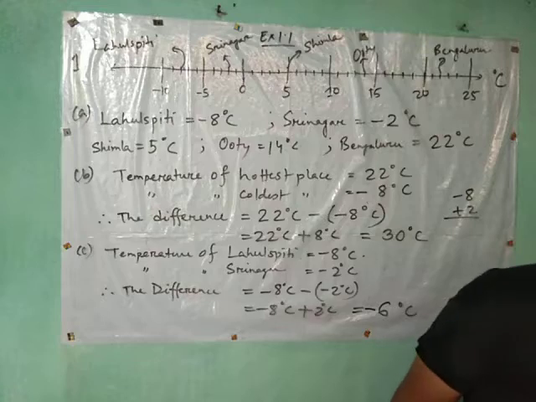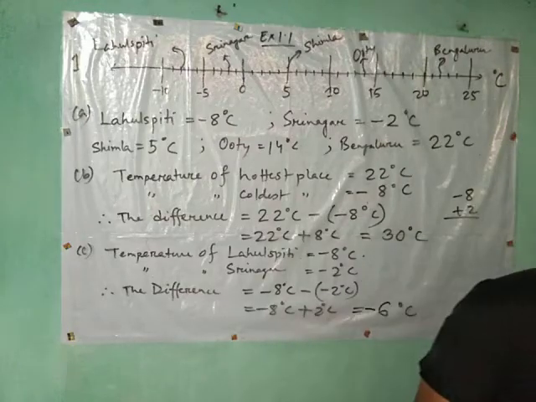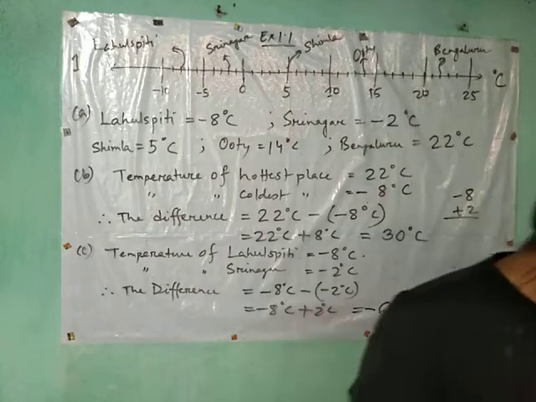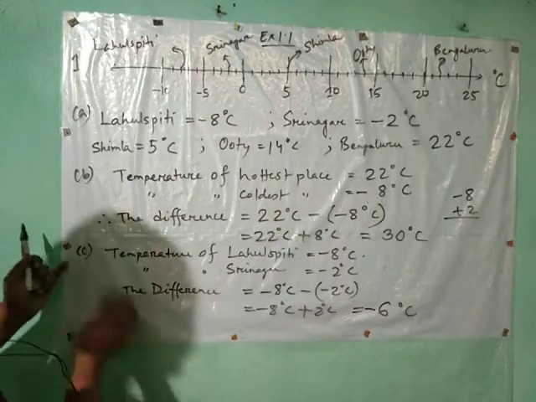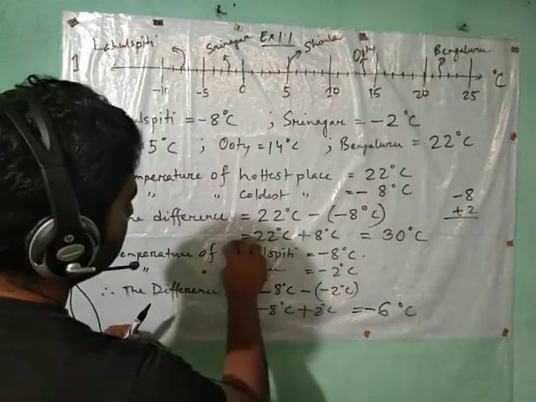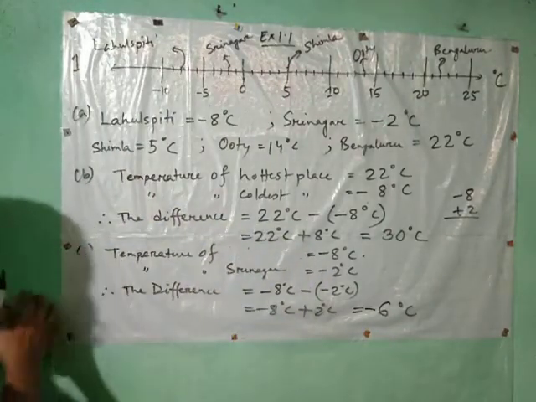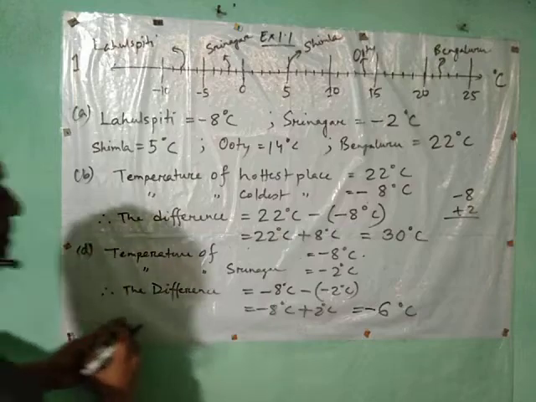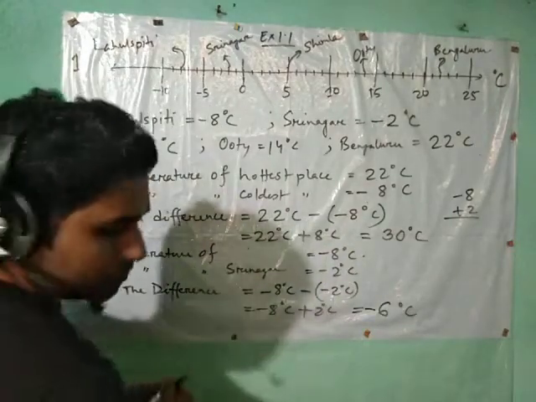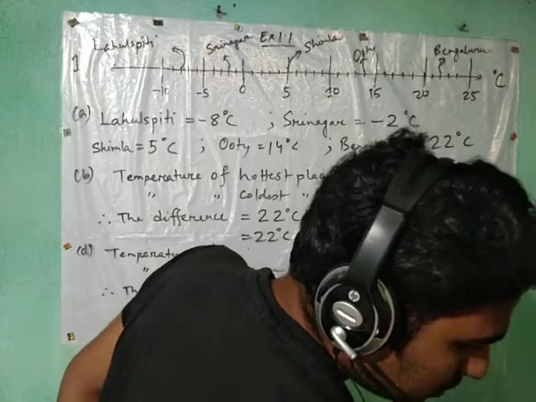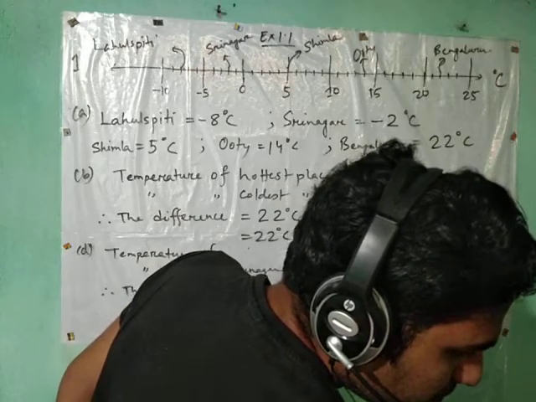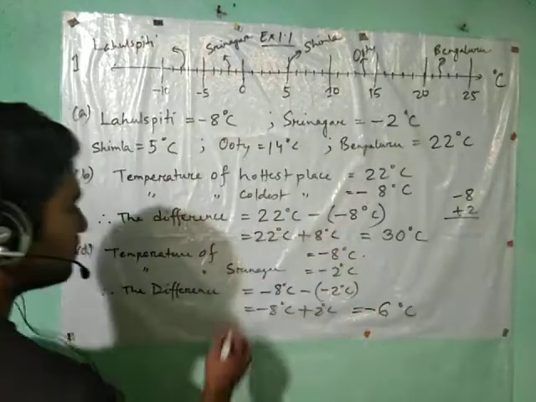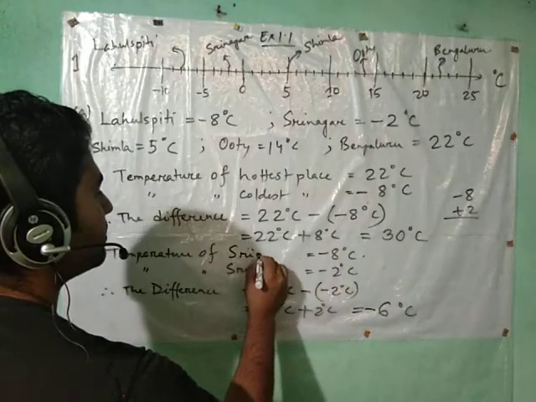Now look at question number D. Can we say the temperature of Srinagar and Shimla taken together is less than the temperature at Shimla? Temperature, let us take. This is now D that I am making, in the same question. First, what we need to do: Srinagar and Shimla.